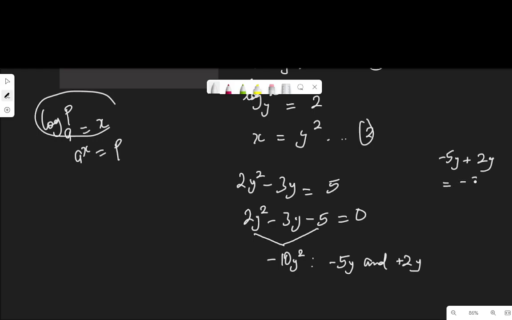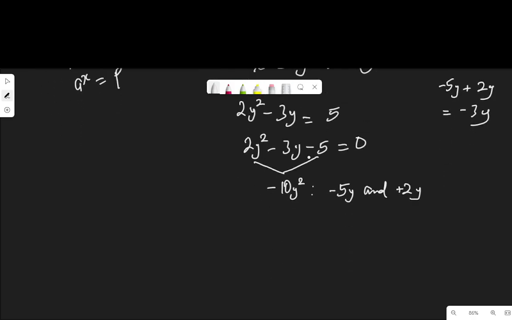So now that we have the factors, we are going to replace the middle term with the factors, so that the equation becomes 2y squared minus 5y plus 2y minus 5 equal to 0. Let's group these two by two so we can factor out the common factors.